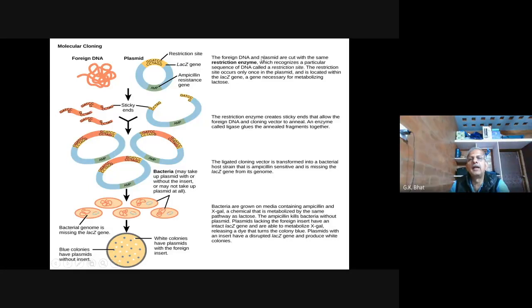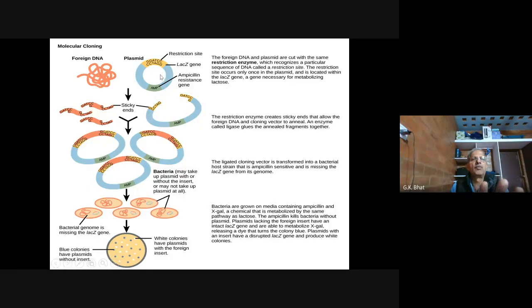The foreign DNA and the plasmid are cut with the same restriction enzyme, which recognizes a particular sequence of DNA called a restriction site. The restriction site occurs only once in the plasmid and is located within the lacZ gene, a gene necessary for metabolizing lactose.